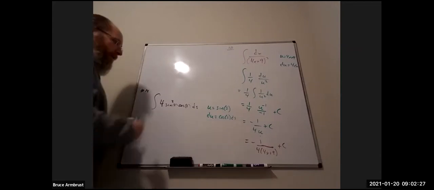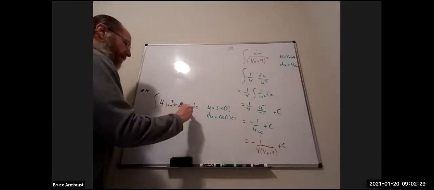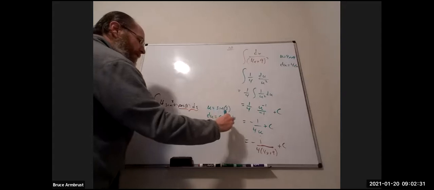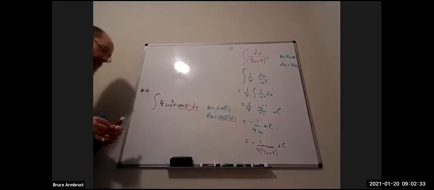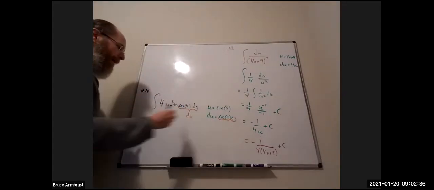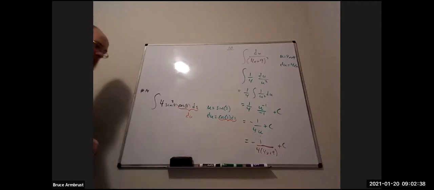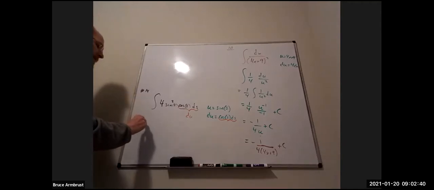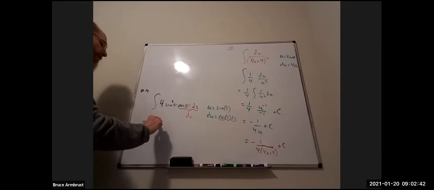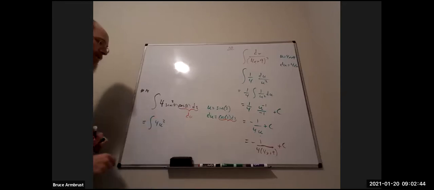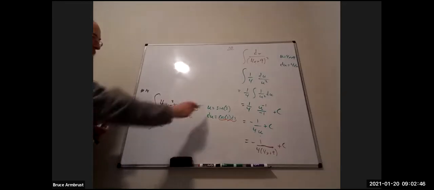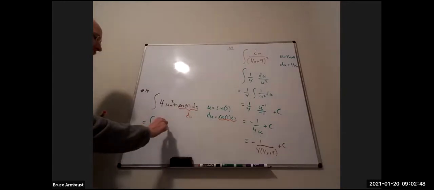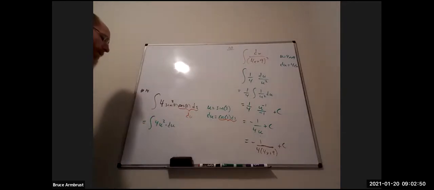So notice that this entire cosine of s ds is there in my du. So I'm going to be able to replace that entire thing with a du. So this integral then is going to look like 4u squared, right? Sine squared, and sine is now u, times du.